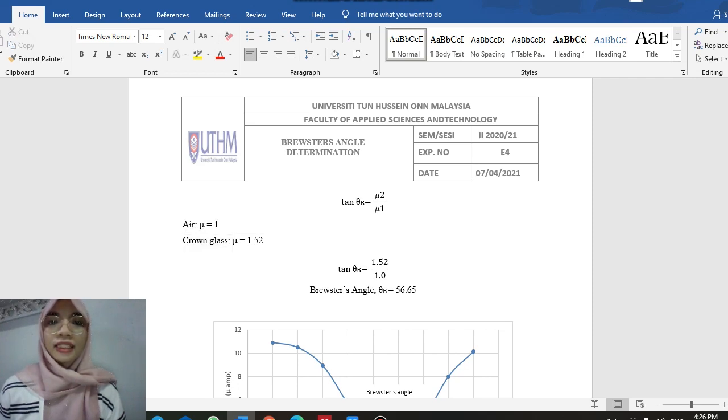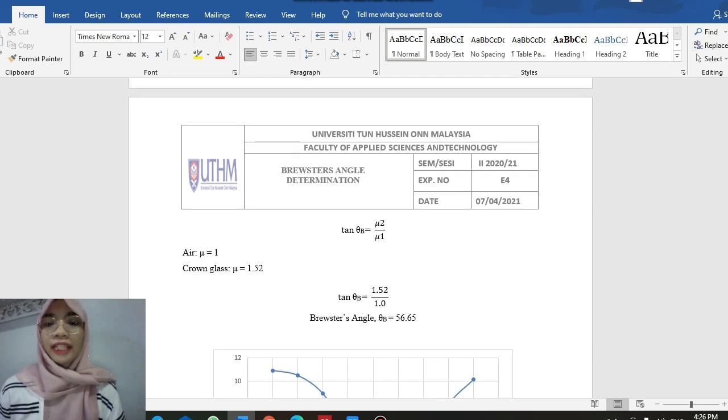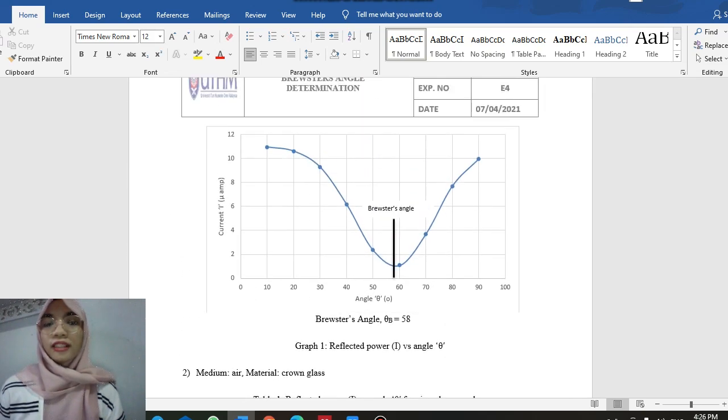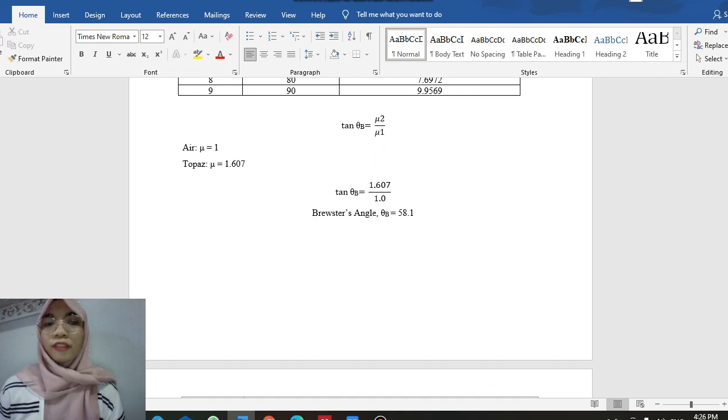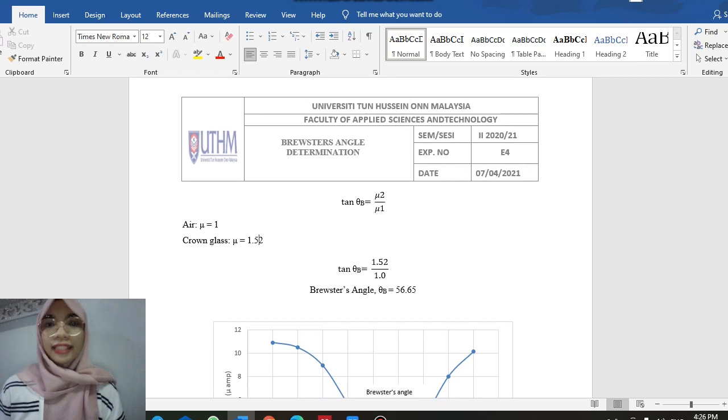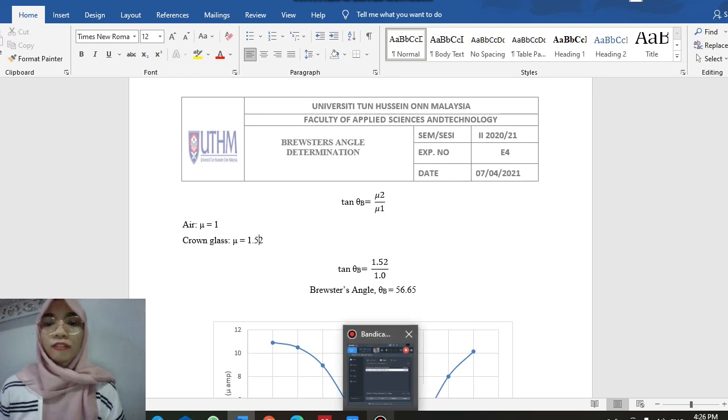That's why the refractive index for topaz is bigger than crown glass, so the Brewster angle is also affected by the refractive index. That's why topaz has a Brewster angle bigger than the crown glass Brewster angle. Okay, that's all from me.